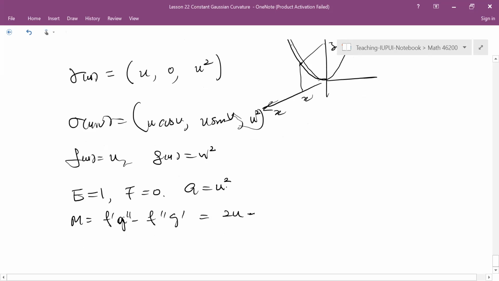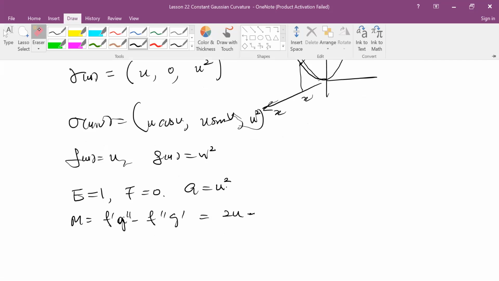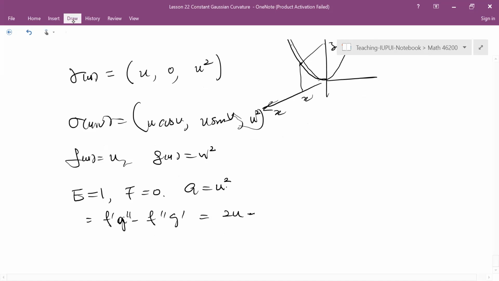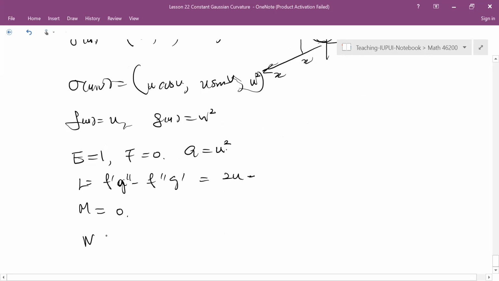This is L. M is going to be 0. N is going to be f g prime. So f is u, g prime is 2u, so 2u squared.